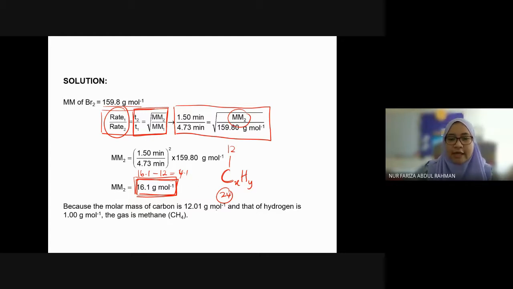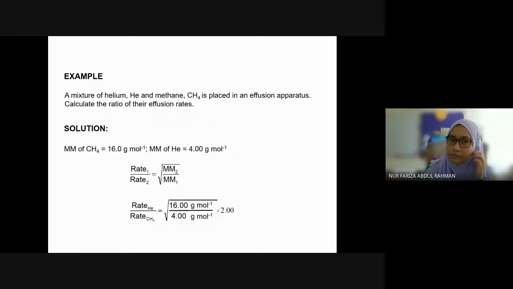From there, we can determine the identity of the gas. So the gas is methane gas or CH4. So you can predict from the molar mass. The molar mass is our reference or our guide in order to determine the identity of the unknown gas.